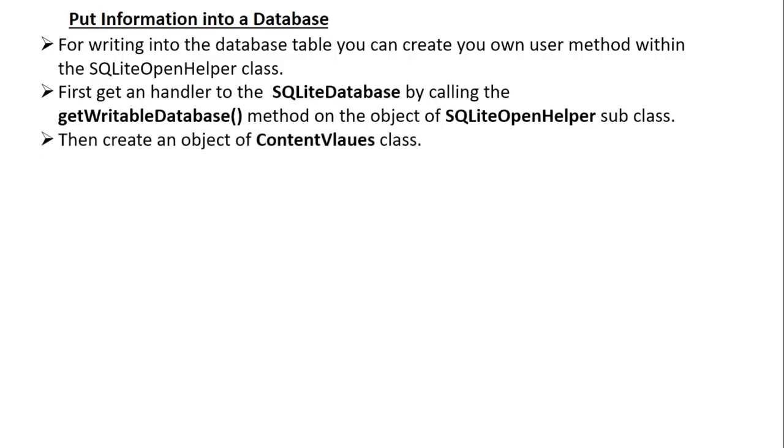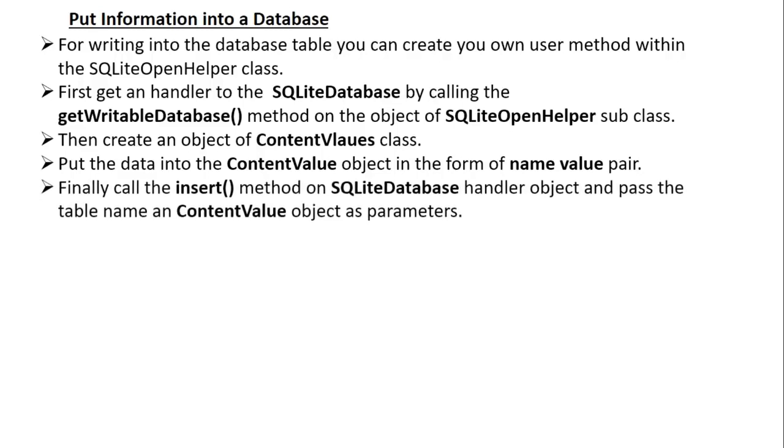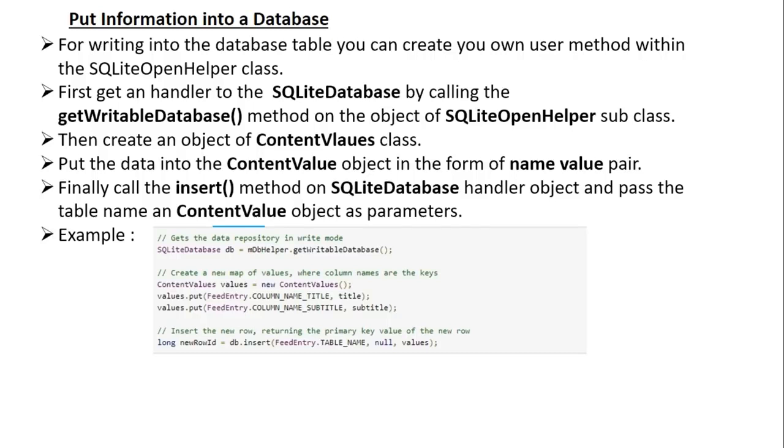Then create an object of the ContentValues class. Put the data into the ContentValues object in the form of name-value pairs. Finally, call the insert method on the SQLiteDatabase handler object and pass the table name and ContentValues object as parameters. So here is the example.